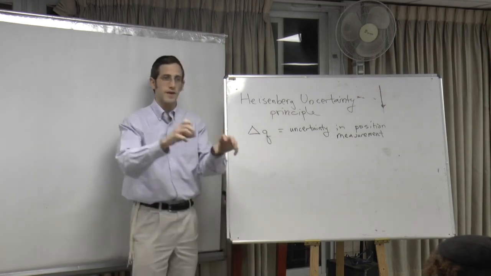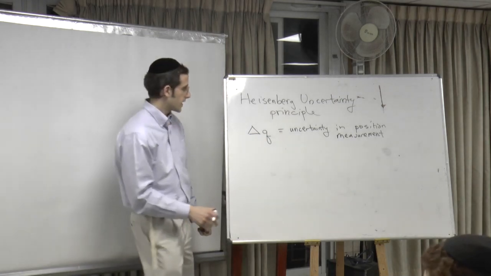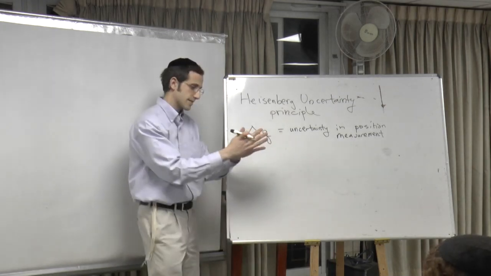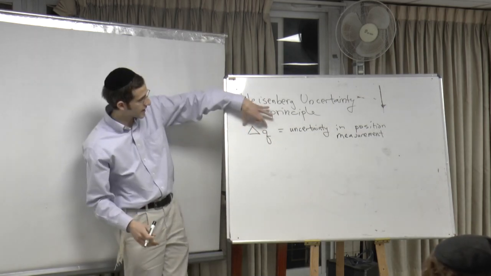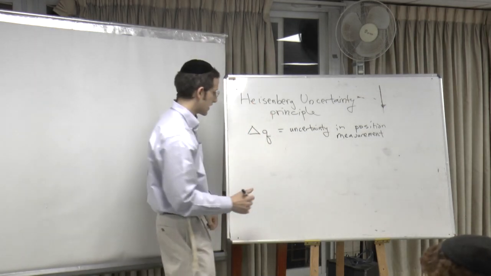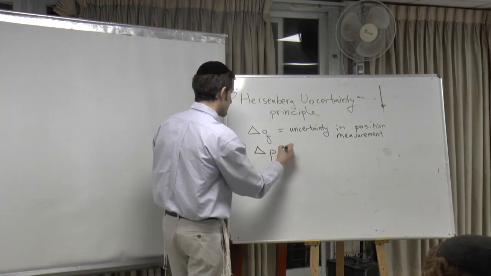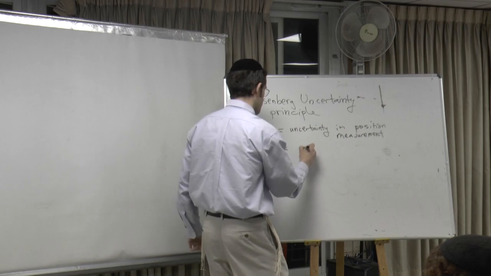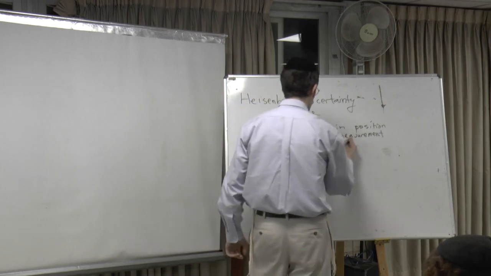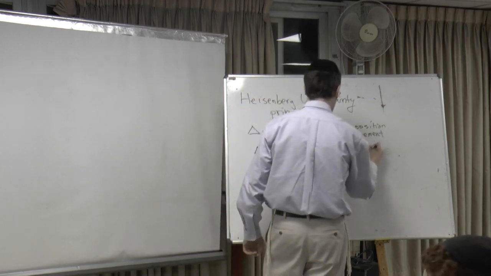It's jumping around in some quantum mechanical way, and so you can maybe nail it down inside of some little box which has side length delta Q, and then delta P is the uncertainty in the momentum.